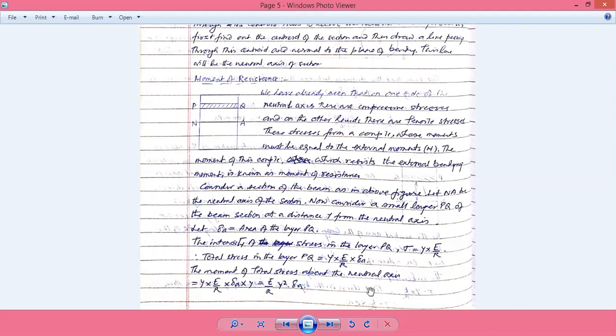The moment of this total load about the neutral axis is obtained by multiplying by the distance y from the neutral axis: y E by R delta A into y is equal to E by R y square into delta A. It is the moment of total stress about the neutral axis itself.